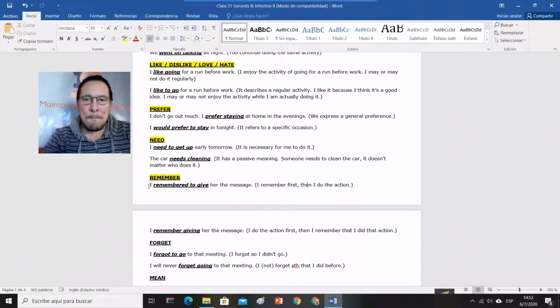Well, and in the other example with remember, the meaning changes because the order of the actions switches. I remember giving her the message, meaning that I remember something I did before. Look at the order of the sequence of actions here. I do the action first, and then I remember that I did that action.